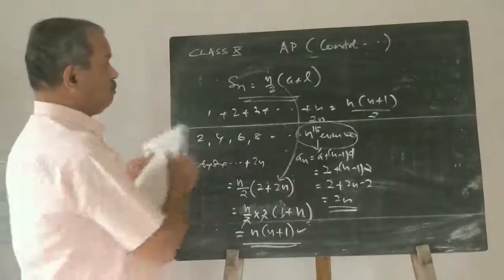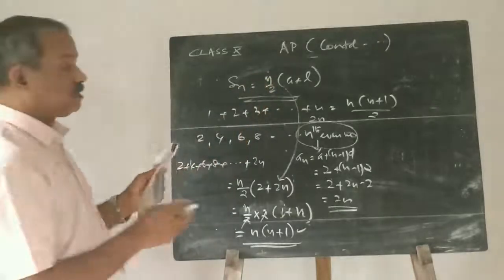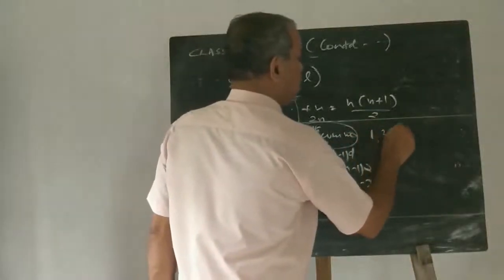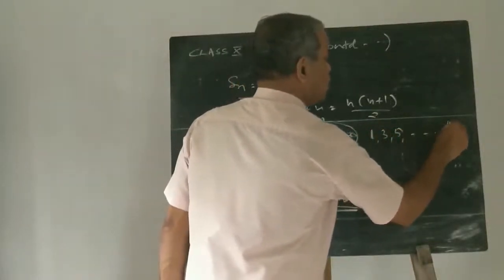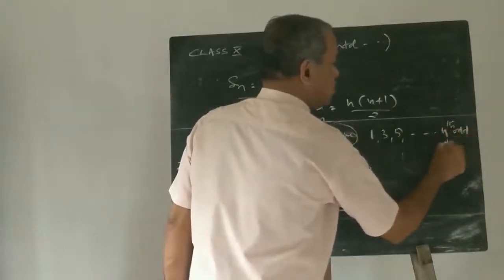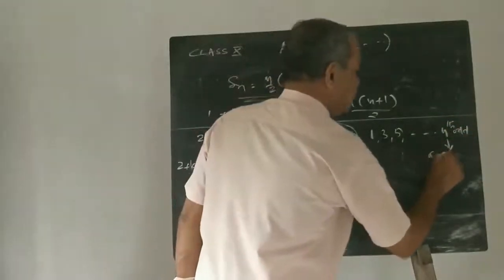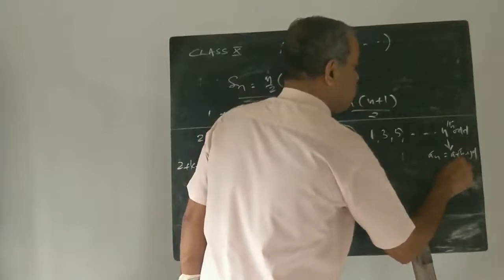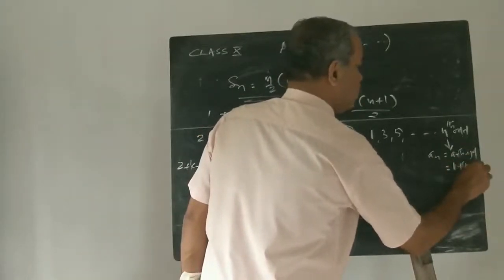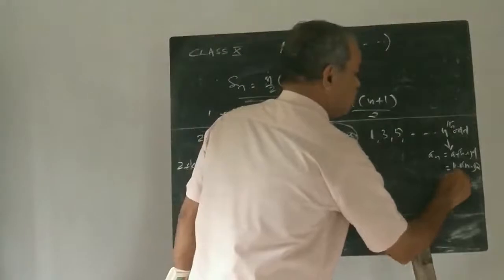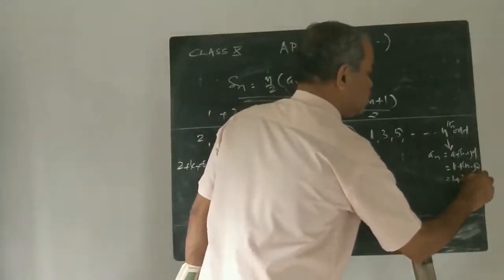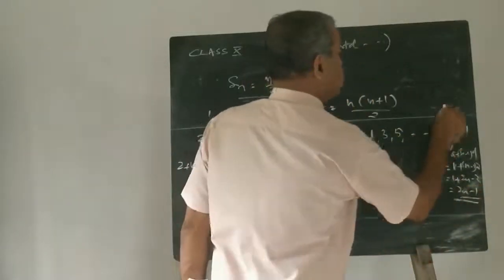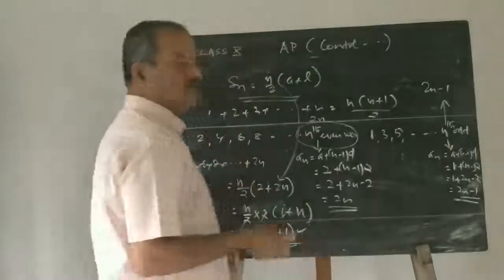Now using the same idea, we can find the sum of the first n consecutive odd numbers, that is 1, 3, 5, etc. Which will be the nth odd number? a_n equals a plus (n minus 1) into d. Here a is 1, and d is 3 minus 1, which is 2. So 1 plus (n minus 1) into 2 equals 1 plus 2n minus 2, which is 2n minus 1. So 2n minus 1 is the nth odd number.